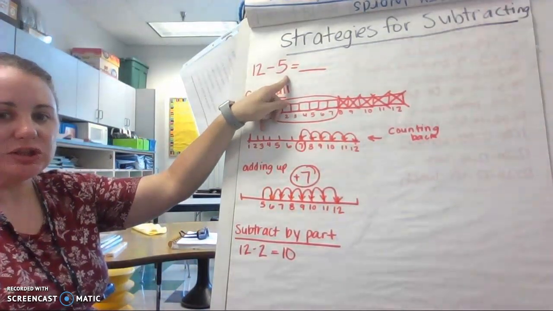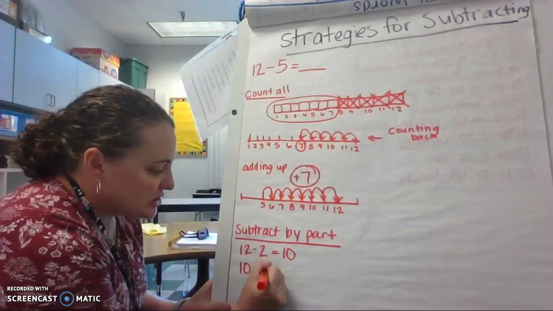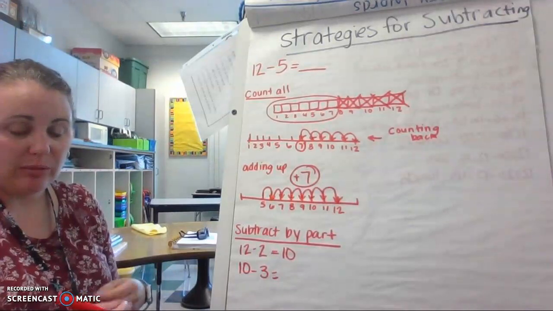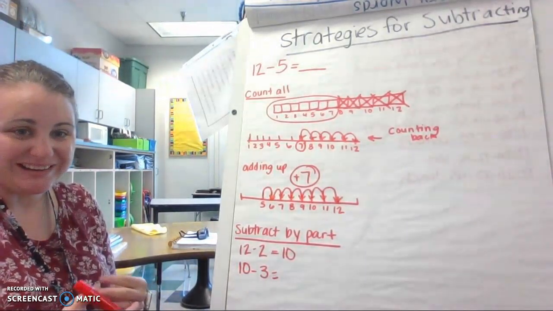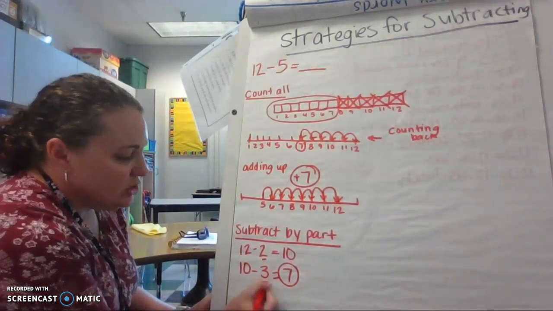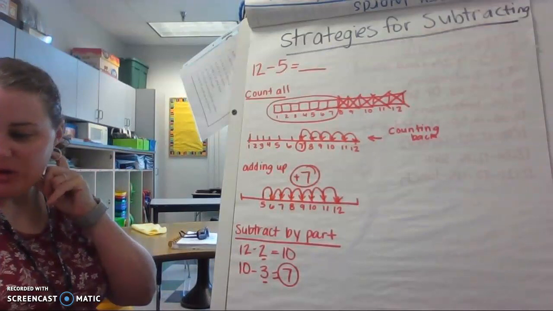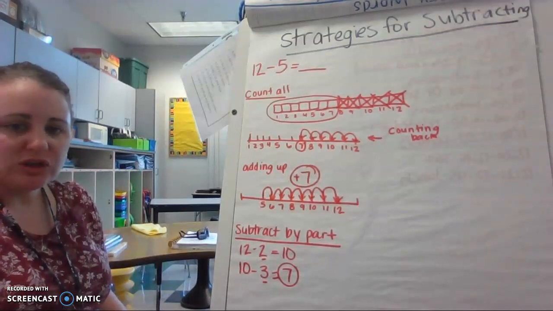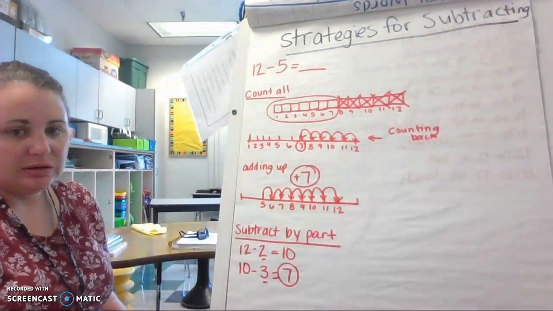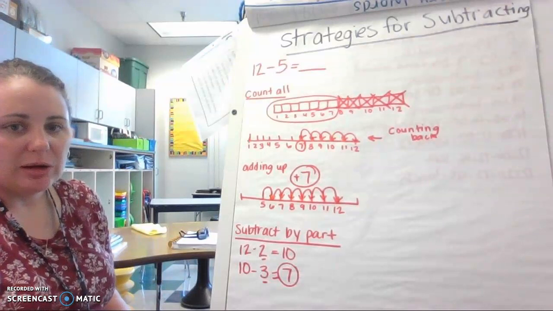How much is left if I took 2? Yeah, 3. So I might do 10 minus 3. Well, that's pretty friendly because I can change that to an addition problem and I know 3 plus what equals 10? Absolutely, 7. So I still used the 5, but instead of doing the whole 5 all at once, I took away 2, and I took away 3 to make it a little bit easier on me.